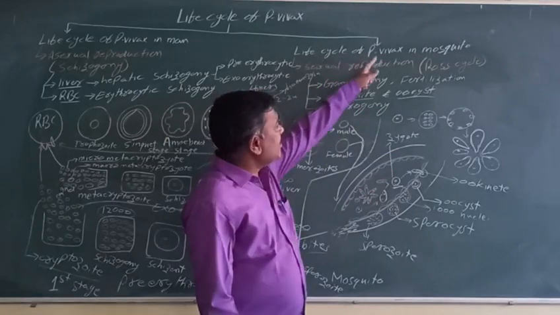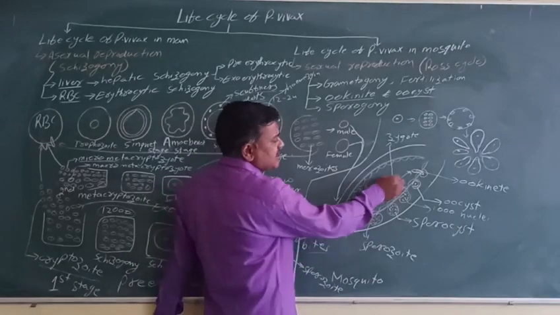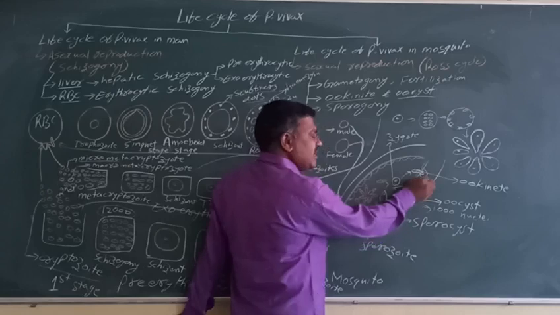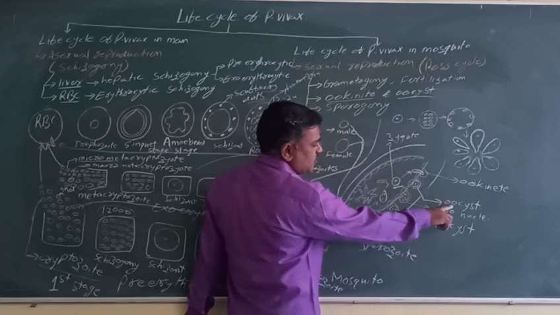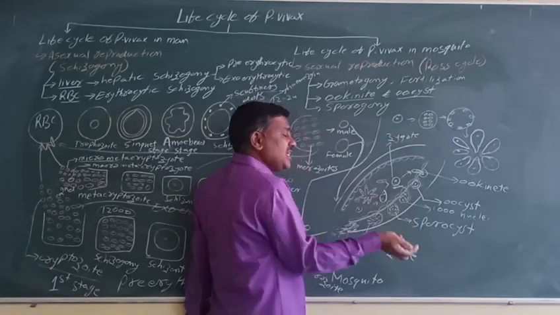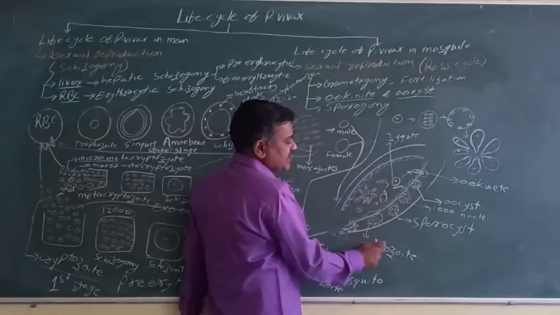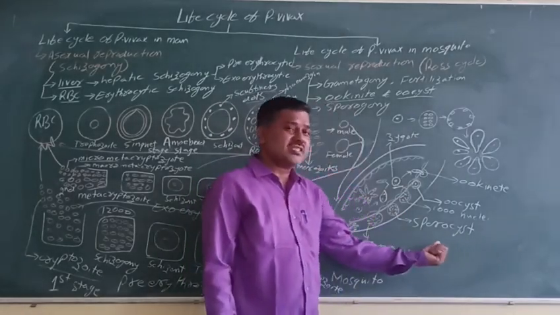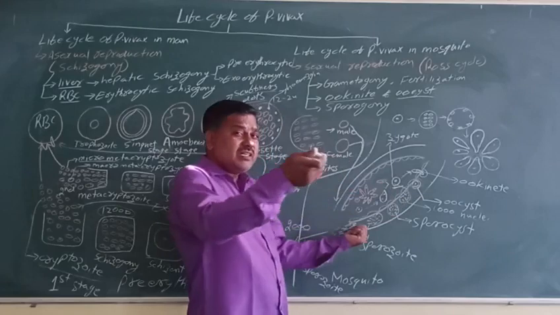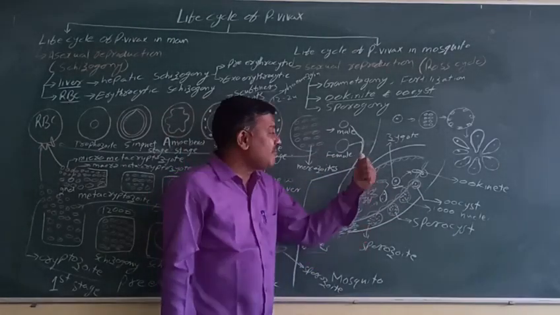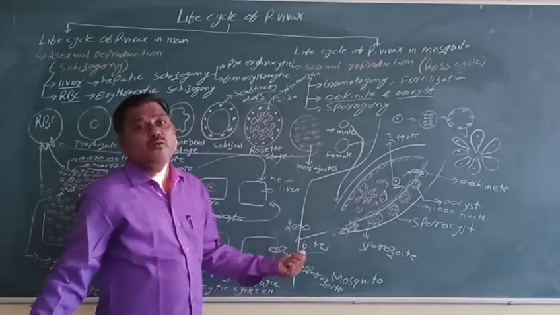So this is the life cycle of Plasmodium vivax in mosquito. So in short, male and female gametes are formed, the zygote is formed, the ookinete crosses the gut wall and attaches to the basement membrane, cyst wall formation, that is the oocyst, then it goes for reductional division, then for mitosis, a number of nuclei are formed, these are covered with cytoplasm, which we are calling the sporocyst, the cyst wall breaks, sporozoites are released into the hemocoel, through the hemocoel they enter into the salivary gland of the mosquito, and as the mosquito bites, with saliva it goes into the new human host.